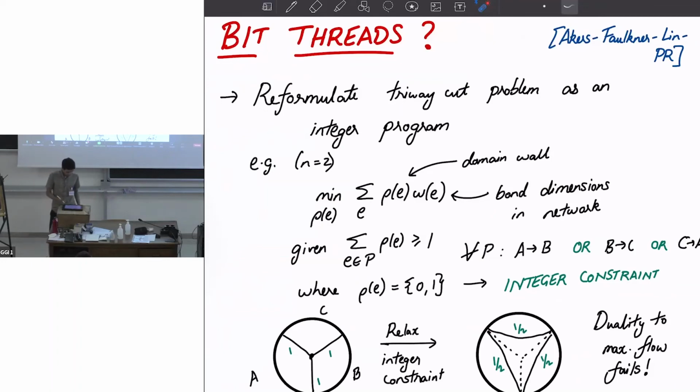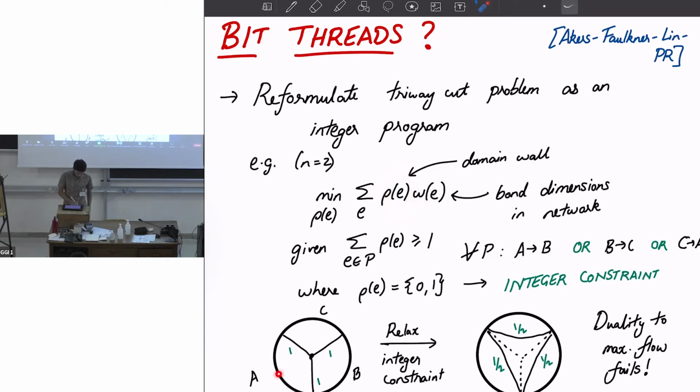You can think of it as a program where you minimize this quantity, which is essentially the cost of the domain wall, weighted by the bond dimensions of the network. There are some constraints on it, but the important constraint is that the thing that calculates the cost of the domain wall is an integer.